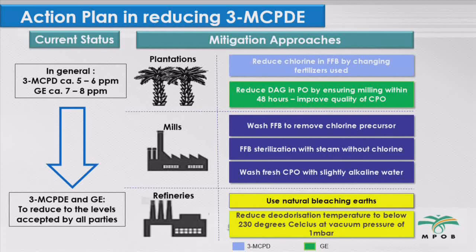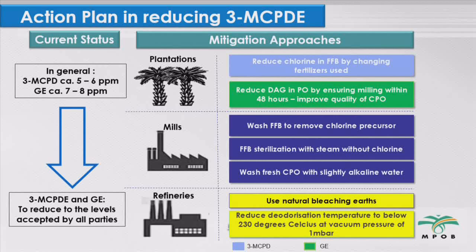Although, for example, EFSA has reported that they are proposing 0.8 parts per billion, we are yet to determine this because it will have some economic implication in terms of production and sale.